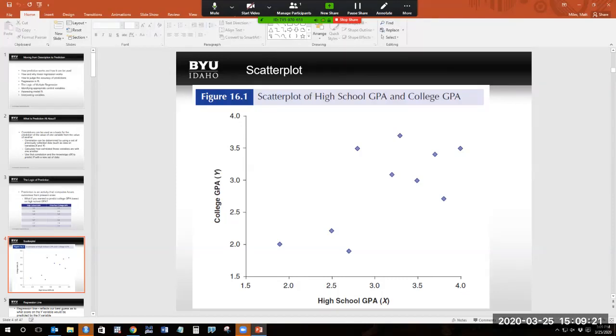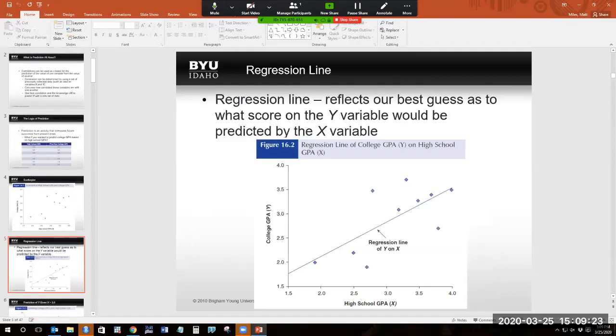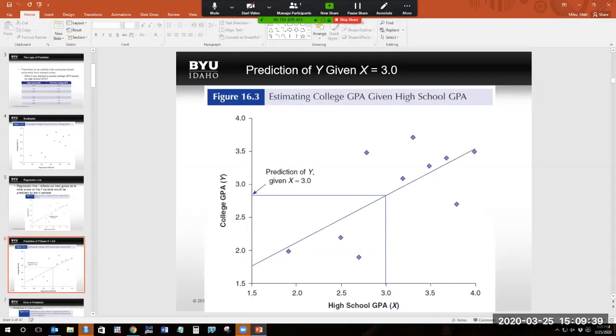The answer is yes. And the way that we do it is we just draw a line, a regression line. And then you can use the slope formula to make your prediction. If somebody had a 2.3 in high school, I would just go up to this line and predict they would get about a 2.3 in college. If somebody got a 3.0 in high school, then I would predict they'd get about a 2.8 in college.